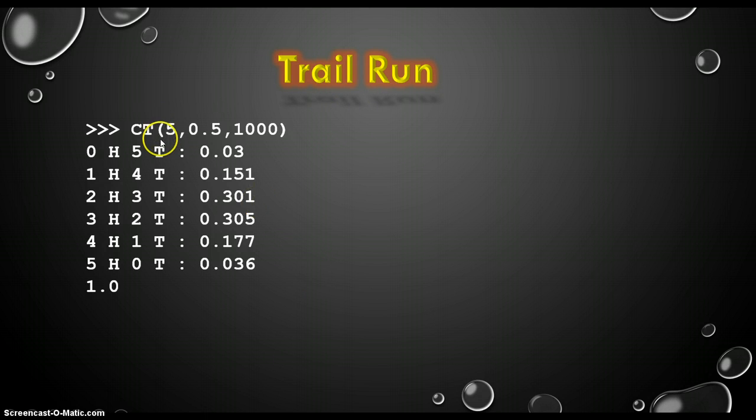As you can see, we're tossing the coin 5 times. The probability of getting the head is 0.5, which is the fair coin, and we're doing this action for 1,000 times. And here's the probability of getting the combination, and this is all the combinations I'm getting, and all of the probabilities sum up to 1. So I know that my calculation was correct.